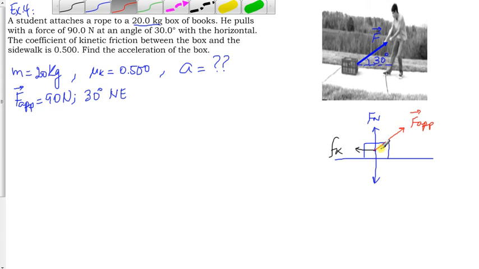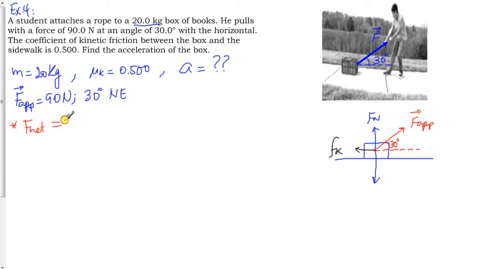So it's not horizontal, it makes an angle of 30 degrees. So this is the first step, free body diagram. Second step is to apply Newton's second law, F net equals m times a. This is the acceleration that I'm looking for. I have to use this equation to find the acceleration.